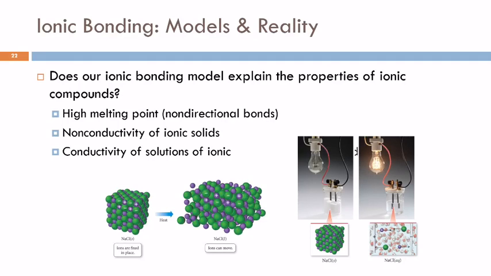So it's always good to ask, does our model actually explain what we observe in reality? We observe that ionic compounds have high melting points. We observe that ionic solids are non-conductive, and we observe that solutions of ionic compounds, I'm missing something there.